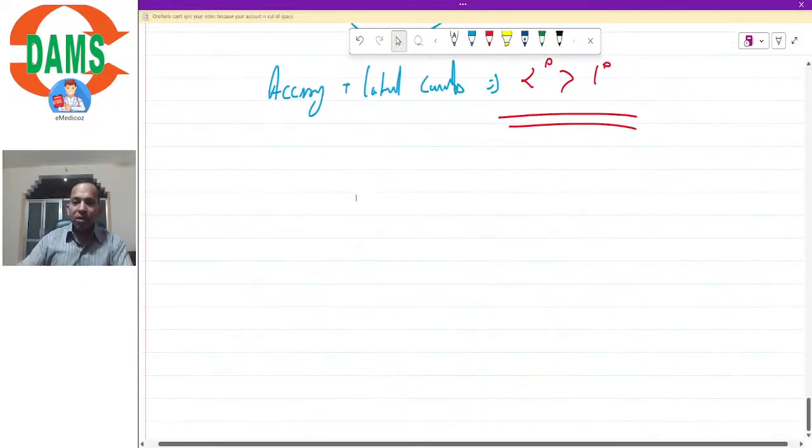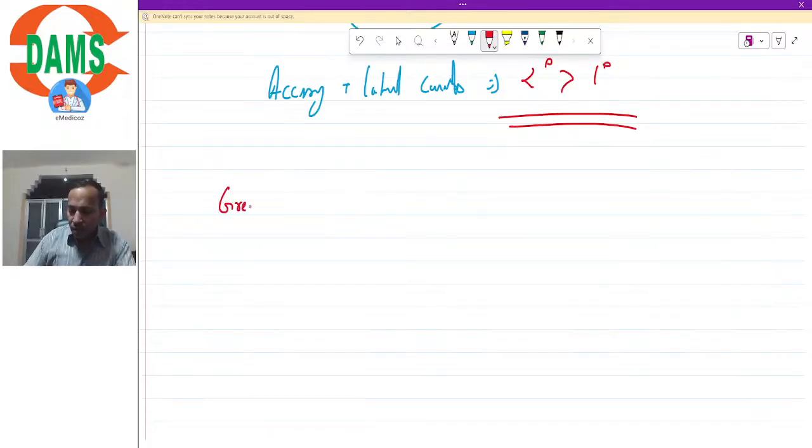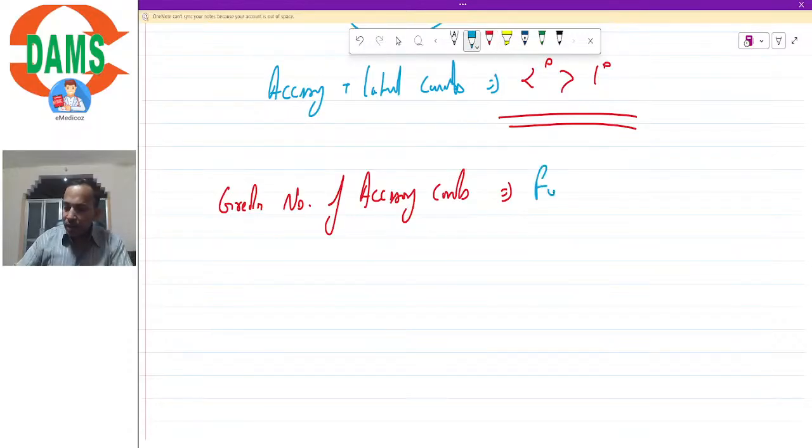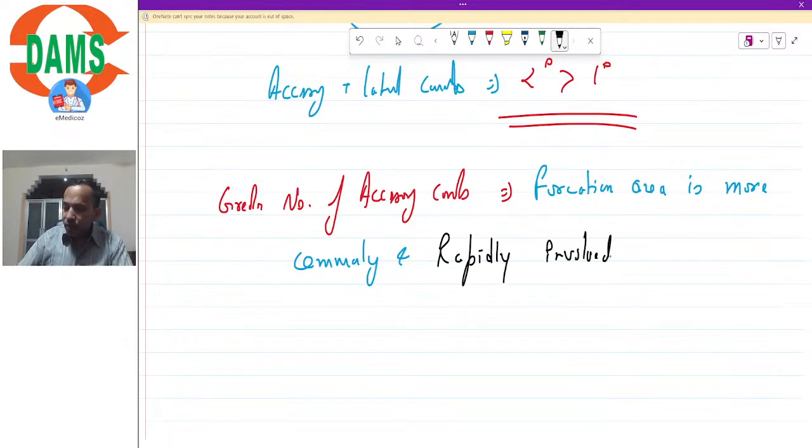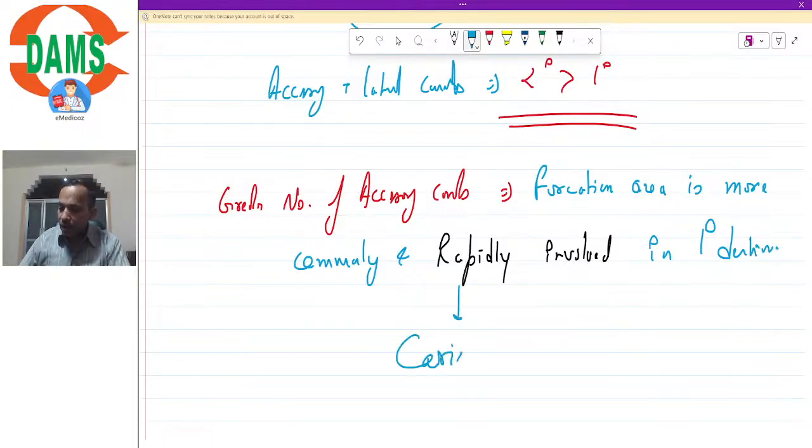And because of this greater number of accessory canals, the furcation area is more commonly and rapidly involved in primary dentition in case of caries.